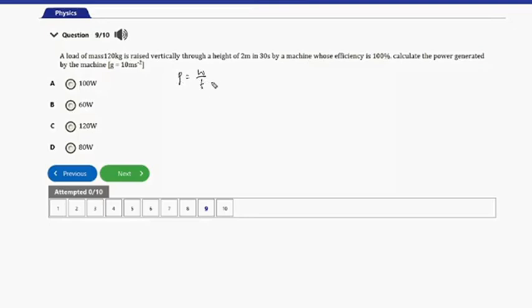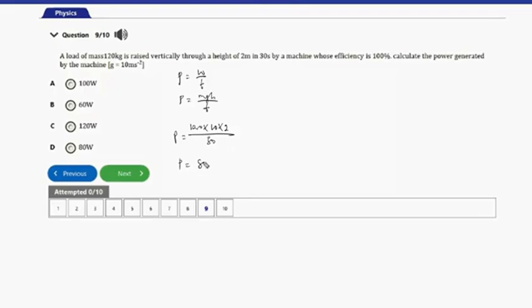So guys, also power is equal to mgh over time. So in this case, we are going to have the mass 120 times the acceleration due to gravity, which is 10 meters per second squared, then times the height here, which is 2 meters, then over the time, which is 30 seconds. So guys, let's go ahead and plug this in and then calculate for that.